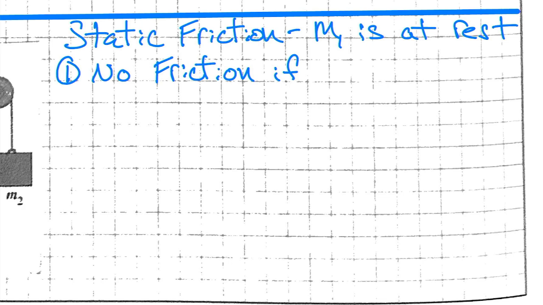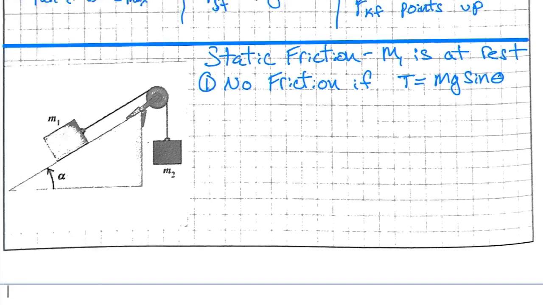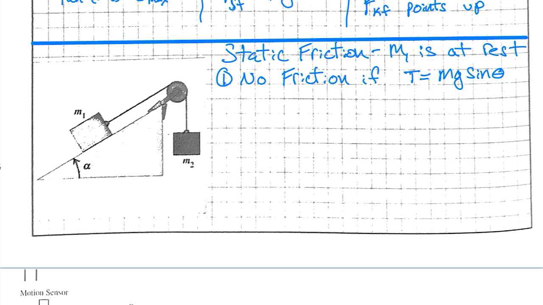if tension up is equal to mg sine theta. If tension up the ramp is equal to mg sine theta, that means that the force up the ramp is equal to the amount that gravity wants to pull down the ramp. Then the upward force and the downward force are already balanced. We already have sigma F equals 0.